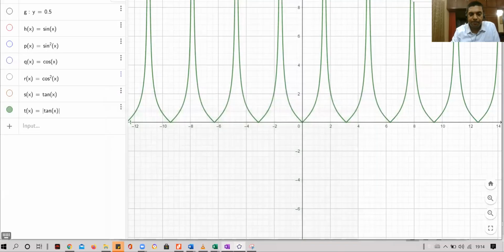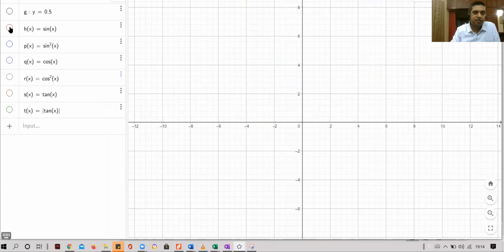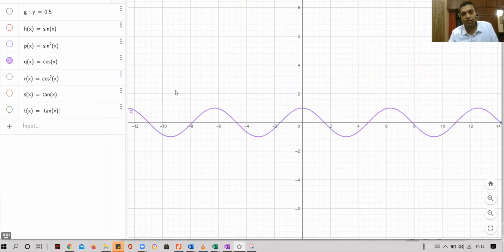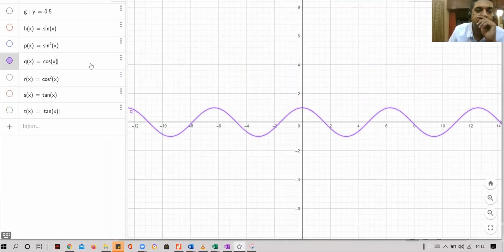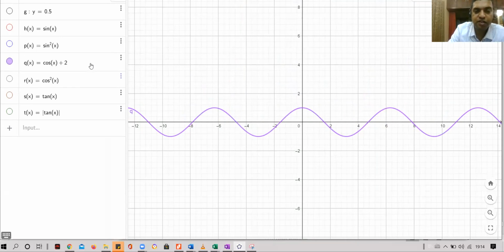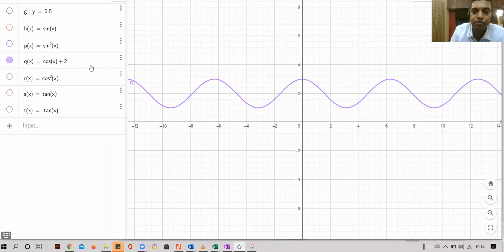For example, here let us take simple sin x or cos x. Now I add cos x plus k. All right, cos x plus 2.